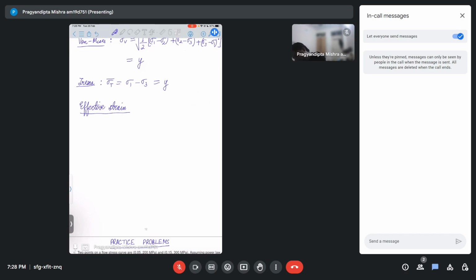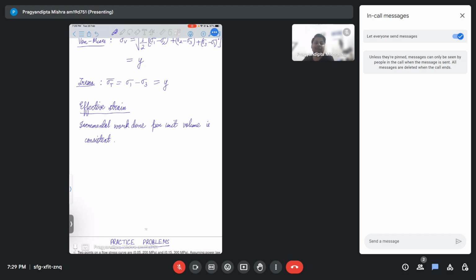What we are looking at is the incremental work done per unit volume being consistent.